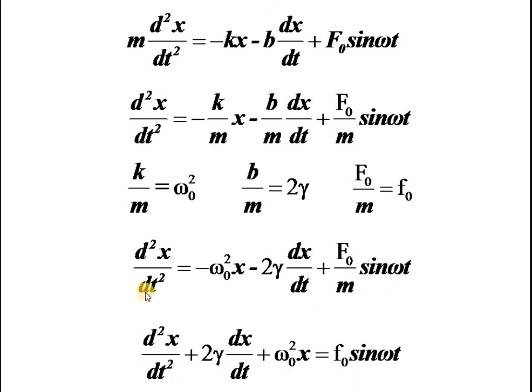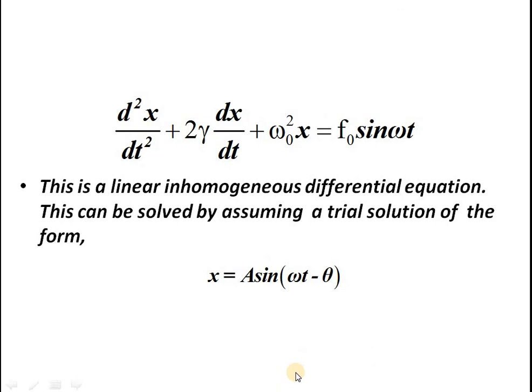So our equation becomes d square x by dt square plus 2 gamma dx by dt plus omega 0 square x is equal to f0 sin omega t. Okay, so we got the requisite differential equation for the oscillator, which is forced as well as damped. Damping is accounted for by the 2 gamma dx by dt term.